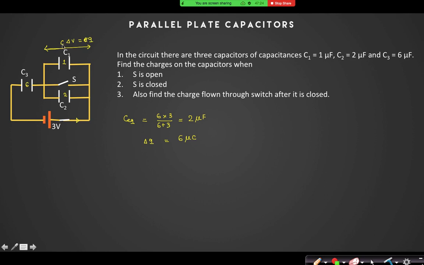So the charge will be directly proportional to the capacitance if delta V is constant. Whenever you get parallel connections, charge will be directly proportional to the capacitance. So this 6 microcoulomb charge will be divided in 1:2 ratio. In the 1 microfarad capacitor, the charge will be plus 2 microcoulomb and minus 2 microcoulomb. And on the 2 microfarad capacitor, the charges will be plus 4 microcoulomb and minus 4 microcoulomb.